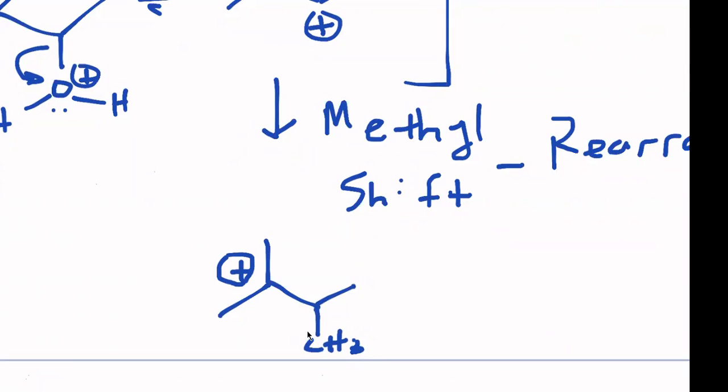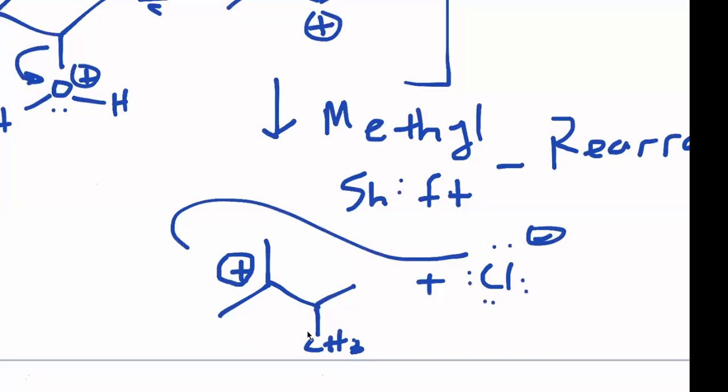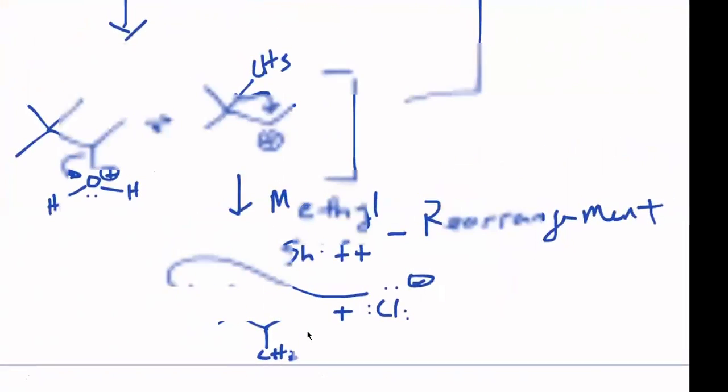Anybody remember that, if you took part 1 from me, we talked about rearrangements? Anybody remember that? Probably not. All right, but this is what the chlorine is going to attack, like that. That's how we get that product. So I'm going to write that over here.